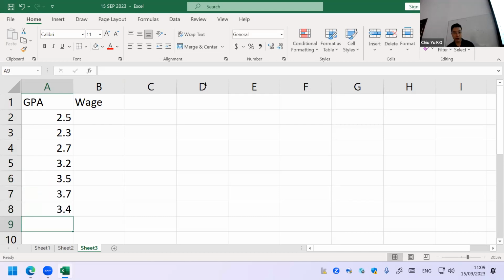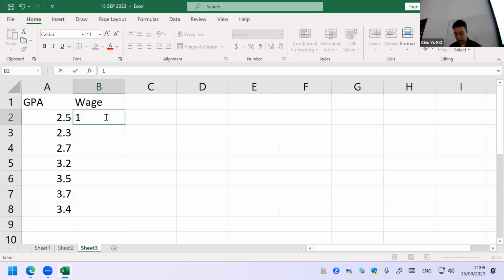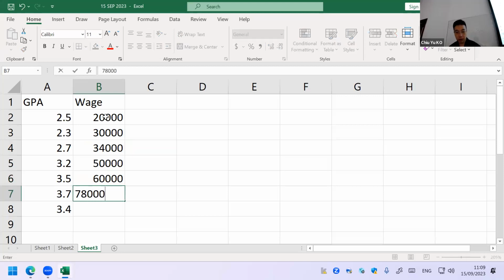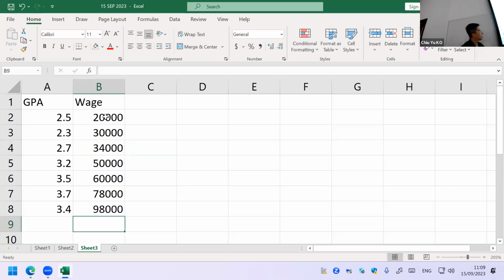And the wage we're talking about is maybe making this much. So this is data. I made it up, completely for no reason. So the data is the wages and the GPA.